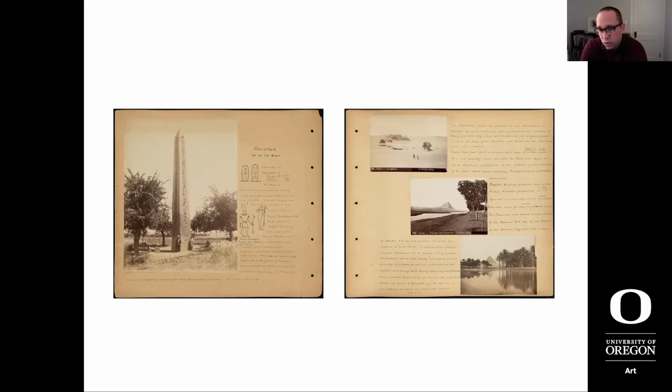So they used the photographs as a stand-in for their own experience, which, in the 19th century, photography was largely outside of the average person's experience in terms of making the photograph. And so the images stood in for their own experience, either real experience of travel to, in this case, the Middle East, or imagined space by the collecting of the images and then the creation of a kind of fictional narrative that went along with it.